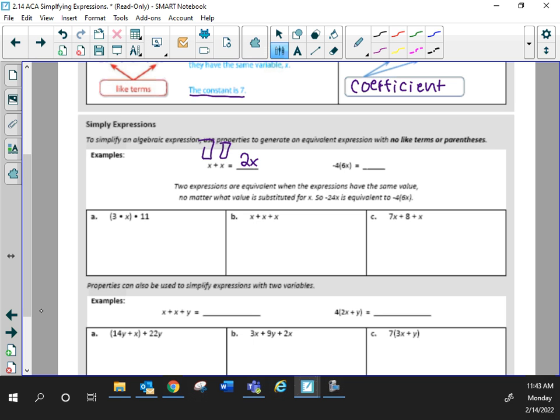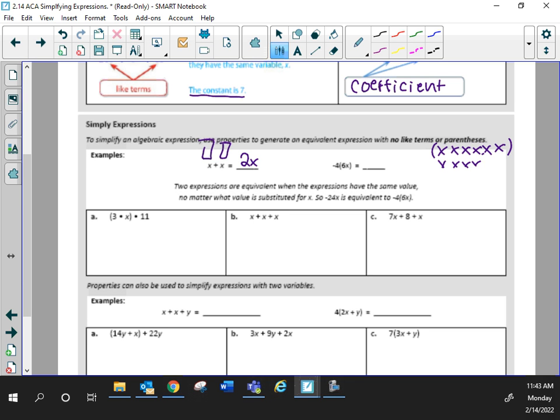Negative 4 times 6x is going to be negative 24x. If you remember the distributive property, it's negative 4 groups of 6x. So that's saying I have 6x, 1, 2, 3, 4, 5, 6. But I have that how many times? 4 times.